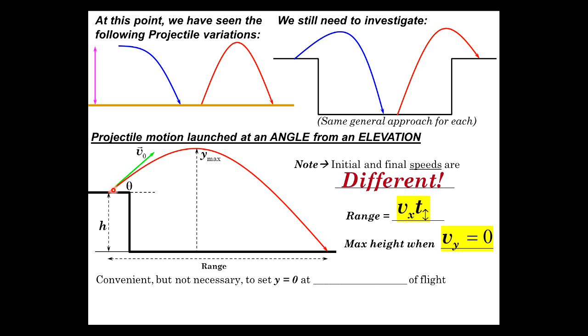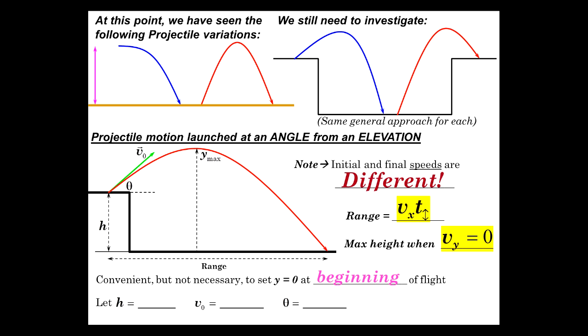So Y sub 0 is our beginning point by definition. I like to call it 0, then down here is a negative value. You don't have to do it that way. You can start with this being 0, this being positive, but that's just the way that I consistently do it, and we'll model it. Okay, so Y is equal to 0 at the beginning of flight.